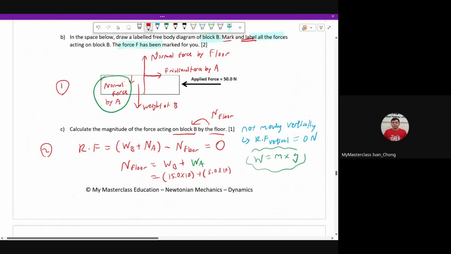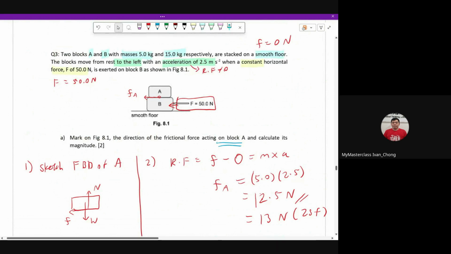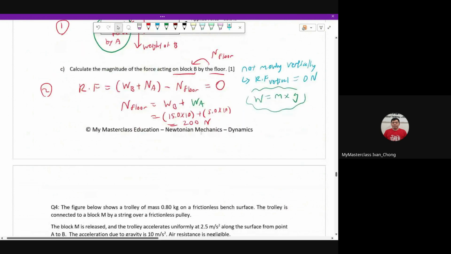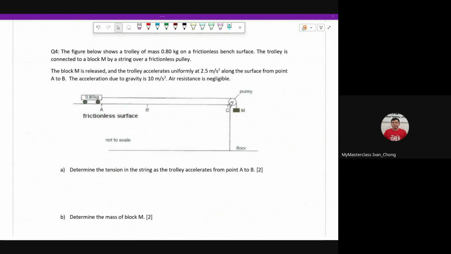So 15 times 10, 150, 5 times 10, 50. So this is 200 newtons. Okay, let me just press the calculator to double check. This is 200. Okay, so this is 200.